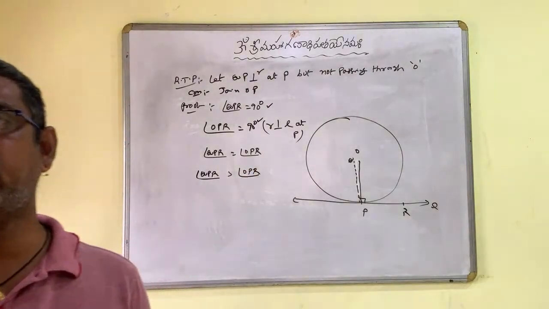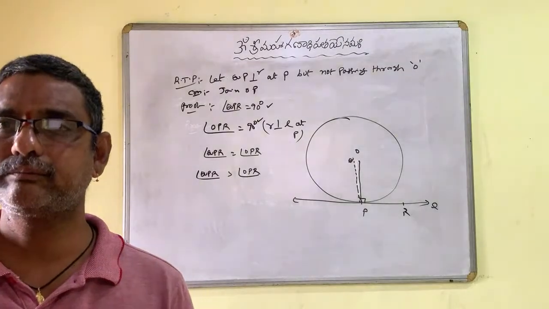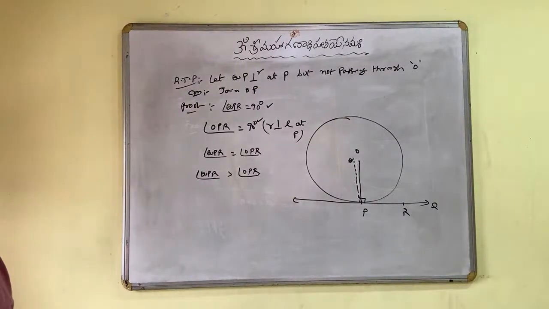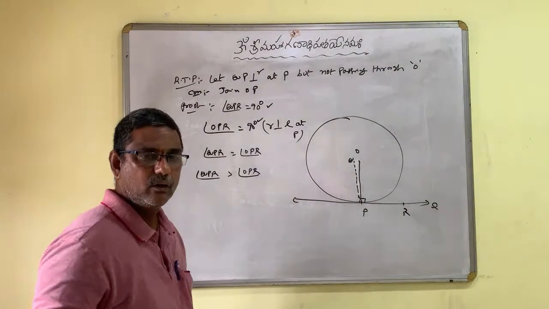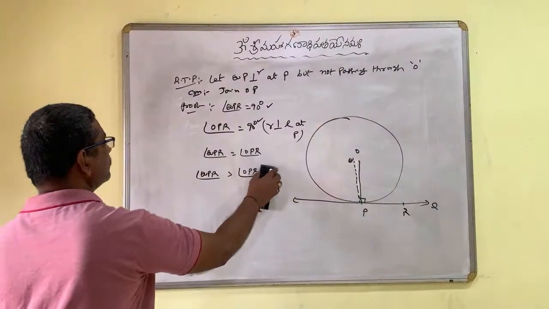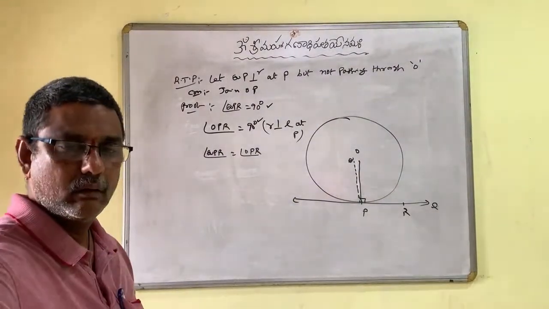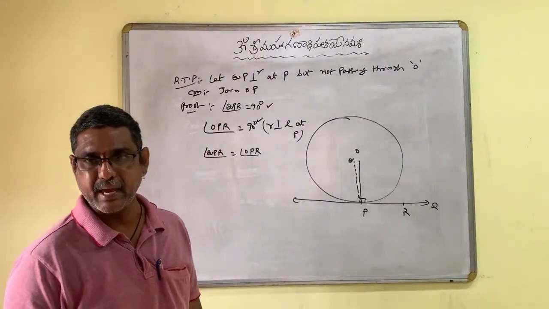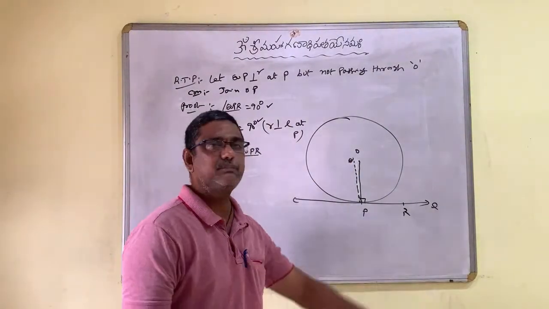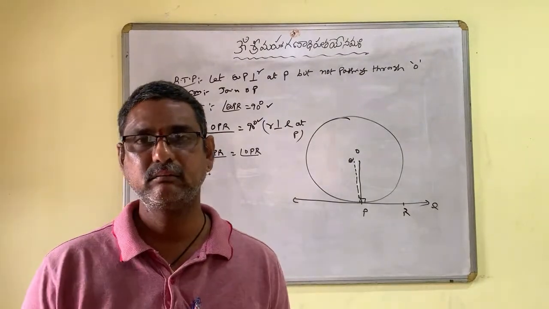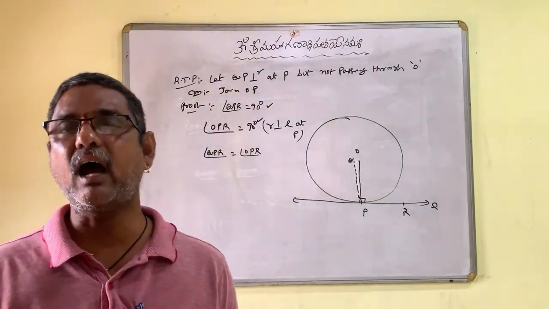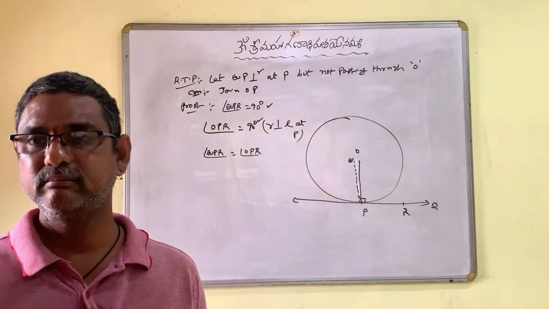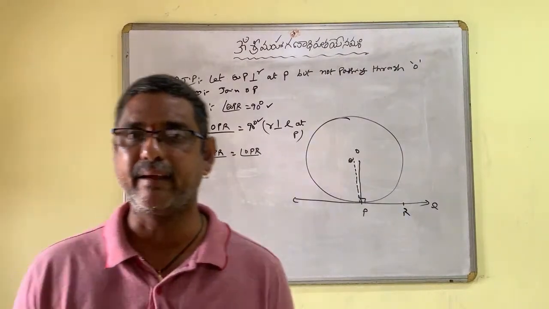Or you can say one more statement also: QP is perpendicular to L at P and OP is perpendicular to L at P only. So we cannot draw two different perpendiculars at the same point. That is also one important statement that you can give.